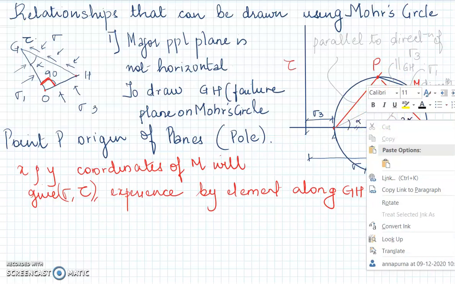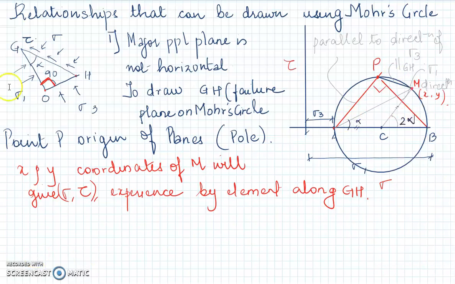Let's say, what if my major principal plane was horizontal and minor principal plane was vertical? That is, my major principal stress, sigma 1, was acting in a vertical direction and sigma 3 was acting in a horizontal direction.